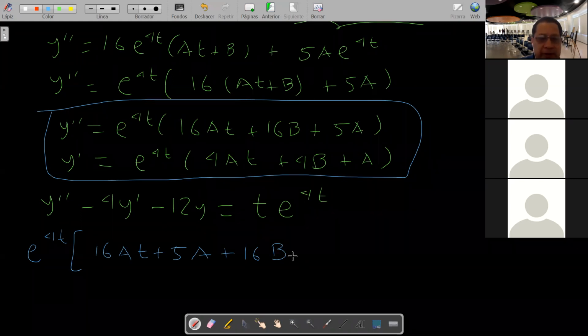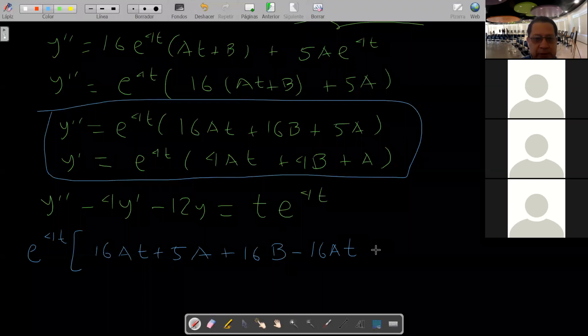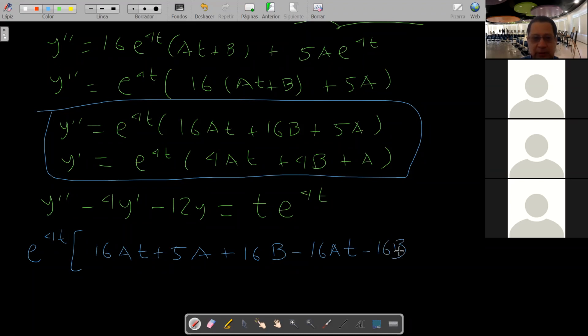And then we have minus 4 times y prime. This will be something like this: negative, once again, 16Bt plus A minus 4 times A. Is that correct?